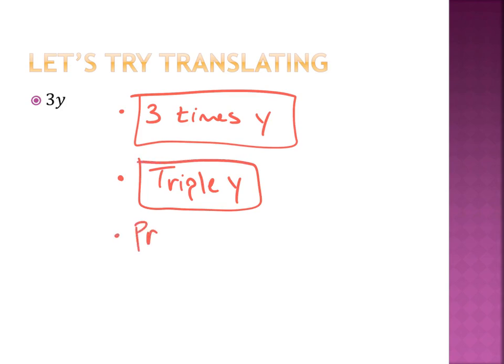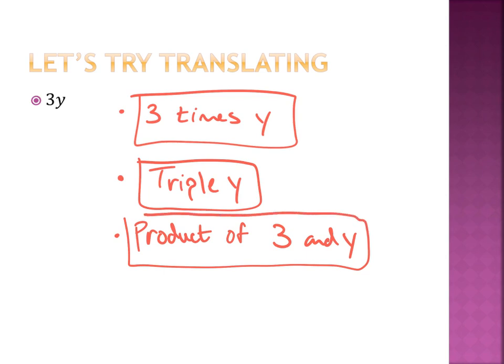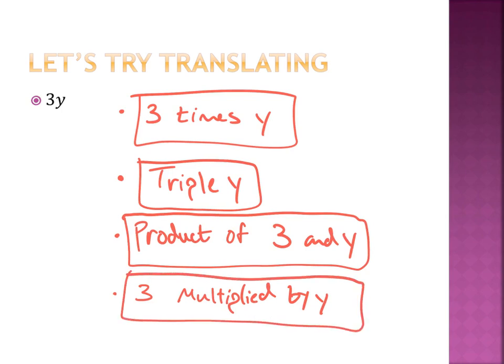Could say the product of 3 and y. Anybody else got another one? You could say 3 multiplied by y. Absolutely. All of those would work and are options that you could make happen.